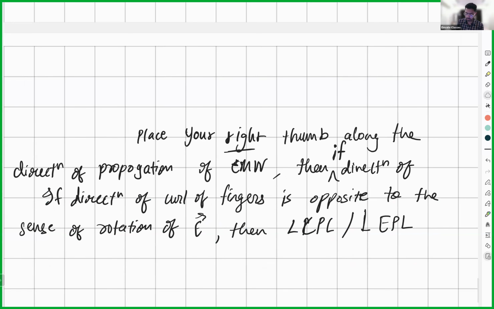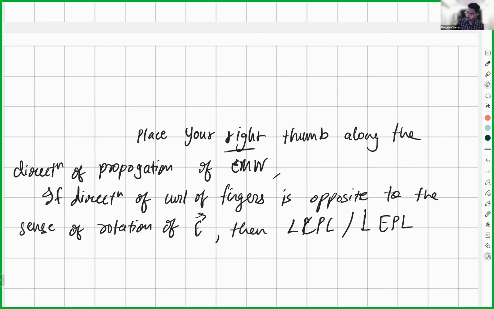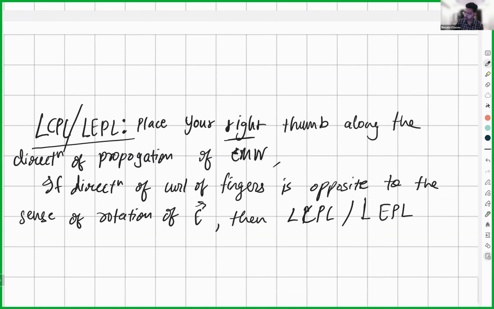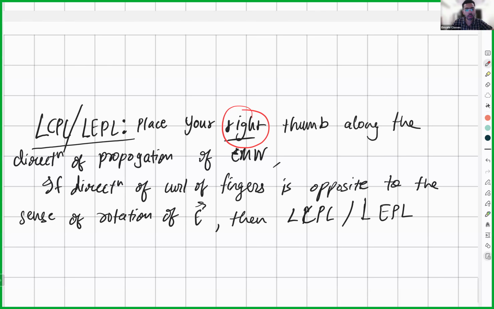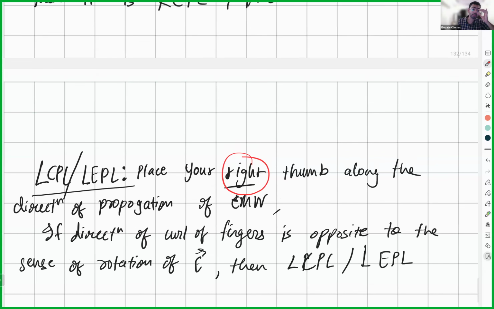So this becomes the definition of left circularly polarized light. So don't think as if you have to place your left thumb. Okay, the thumb will always be right. You'll always use the right hand palm rule over here. Okay, right hand palm rule we will use here.